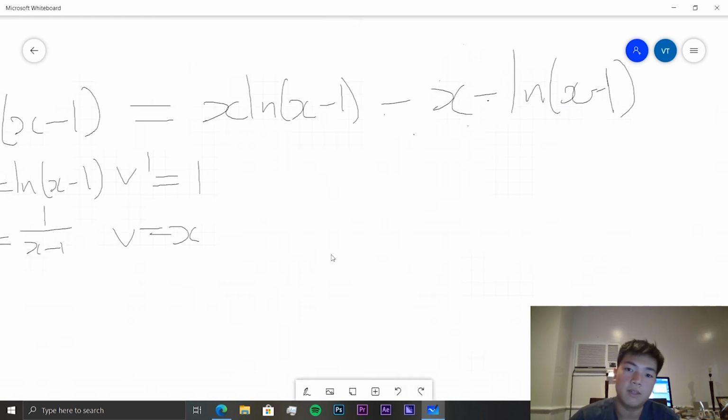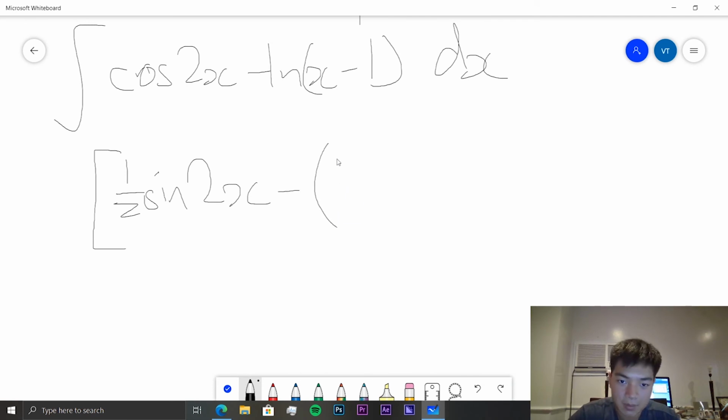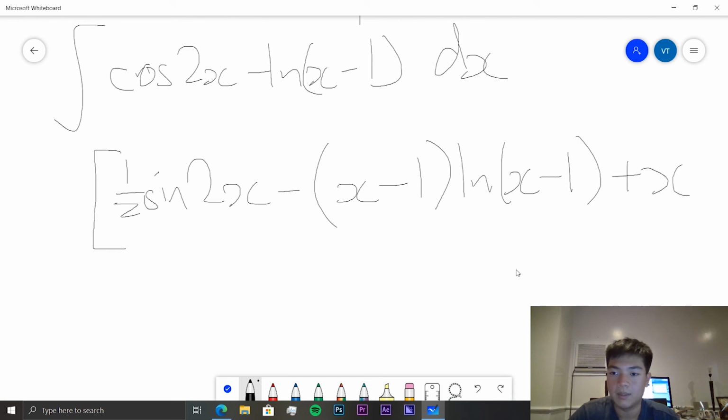Now we can punch this back into the original one. So we have 1/2 sine 2x minus, and then this is going to be x minus 1 of ln x minus 1 plus x, I believe.